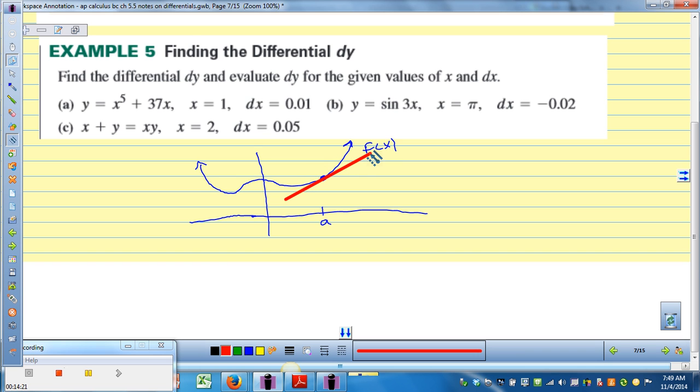Something like that. Okay? All right. And then what I am comparing here is I can move over some certain amount, dx, some tiny little amount in x. So this new x value would be a plus dx. And we had an initial point here that was f of a.